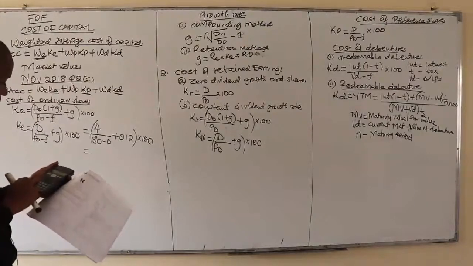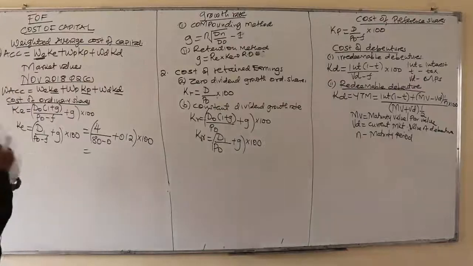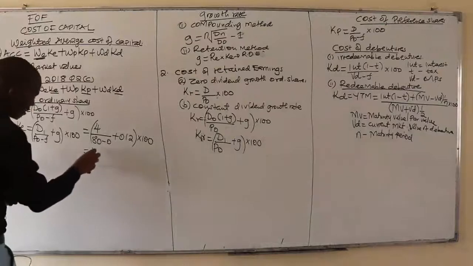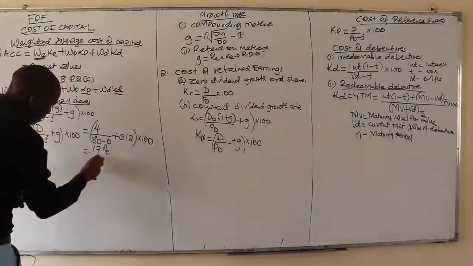Then you multiply by 100, which gives 4 over 80 plus 0.12, times 100, giving 17%. That is the cost of the ordinary shares.